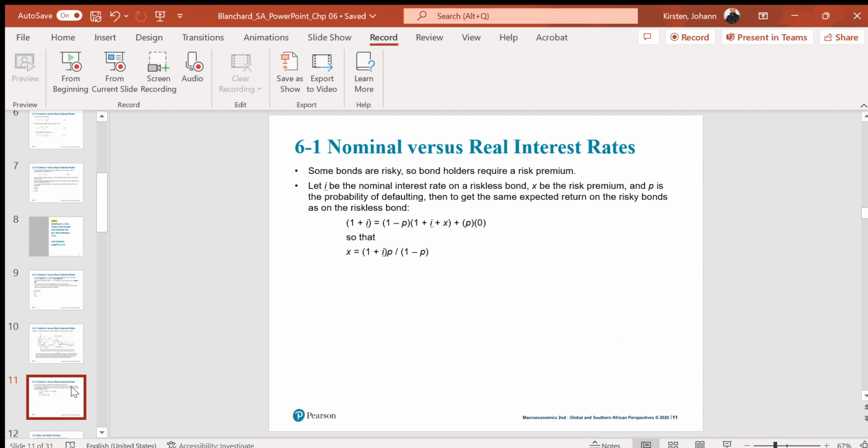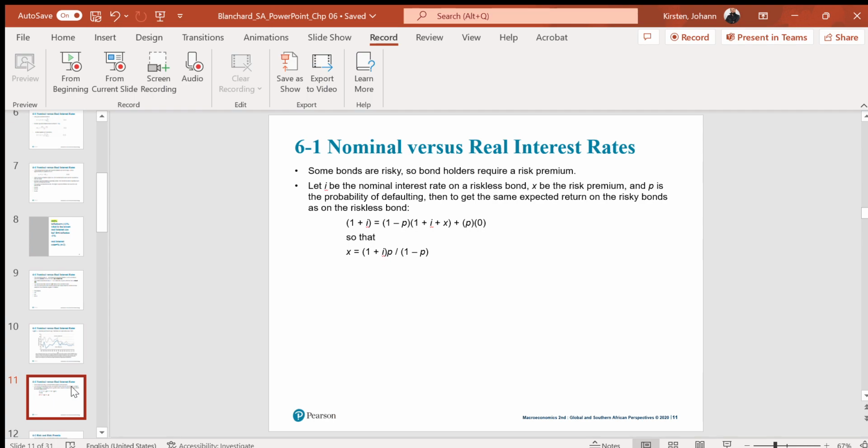Now, given we know real and nominal interest rates, let's also think about bonds in terms of their riskiness. We know some bonds are riskier than others, like a government bond and a corporate bond. A corporate bond has a higher chance of defaulting because it's a corporate company compared to maybe a government, which is sometimes risk-free.